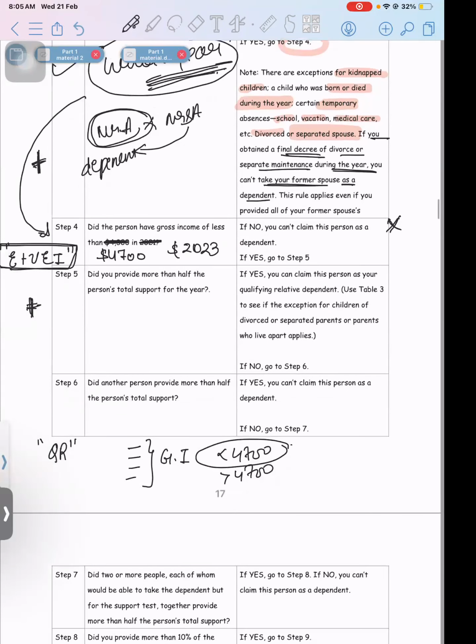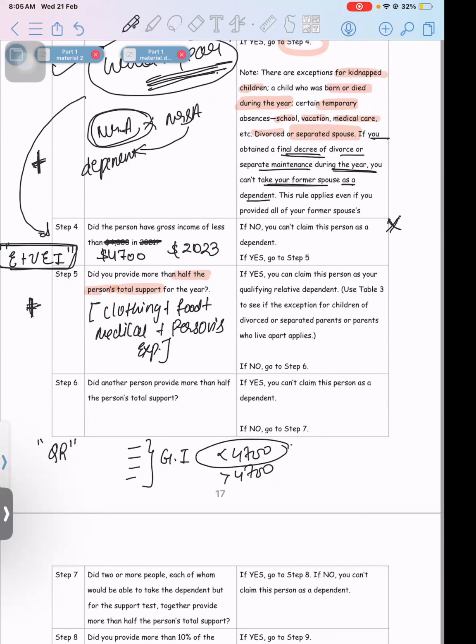Okay, next is did you provide more than half of the person's total support? Total support means now here home related any expense will not come into picture. Only and only the person's clothing, food, medical, all this personal related expenses will come into picture.